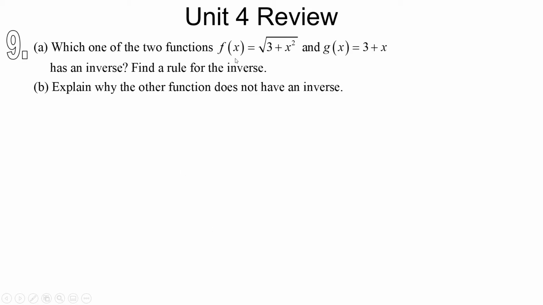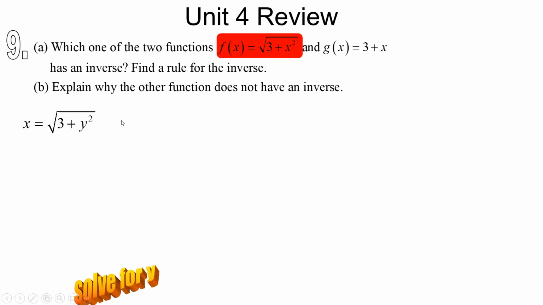So let's take this f of x equals root of 3 plus x squared. And let's interchange the variables. So this f of x is my y. It now becomes x equals root of 3 plus, and this x right here now becomes a y. Now let's solve for y and see if we have a function.